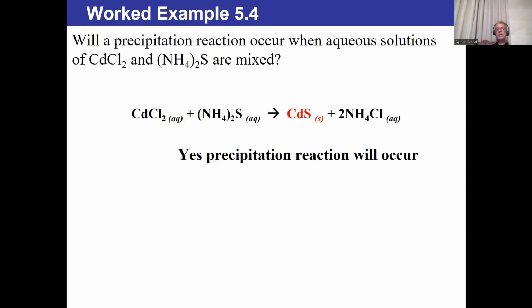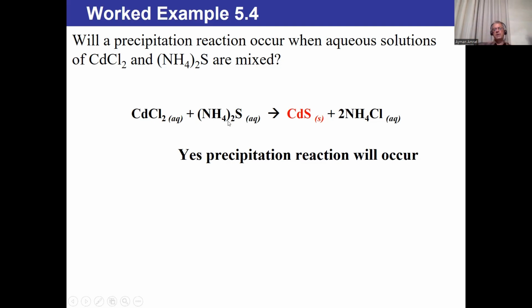Will a precipitation reaction occur when aqueous solutions of cadmium chloride, CdCl2, and ammonium sulfide, (NH4)2S, are mixed? Yes, a precipitation reaction will occur because the reaction is double displacement. The cation of this reactant reacts with the anion of this reactant.